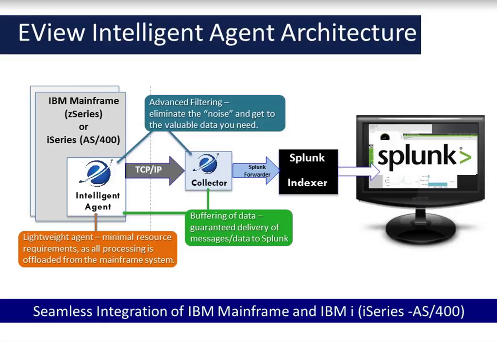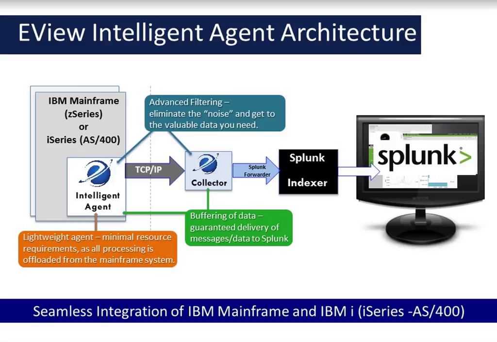We've tried to create the architecture and be sensitive to the fact that, especially in terms of the Splunk product, you are paying for the amount of data that gets indexed. So we want to give you multiple ways to filter that data and control how much data gets indexed to Splunk, so that only the data that you actually need gets indexed, and you're only paying for data that you need to have in Splunk.